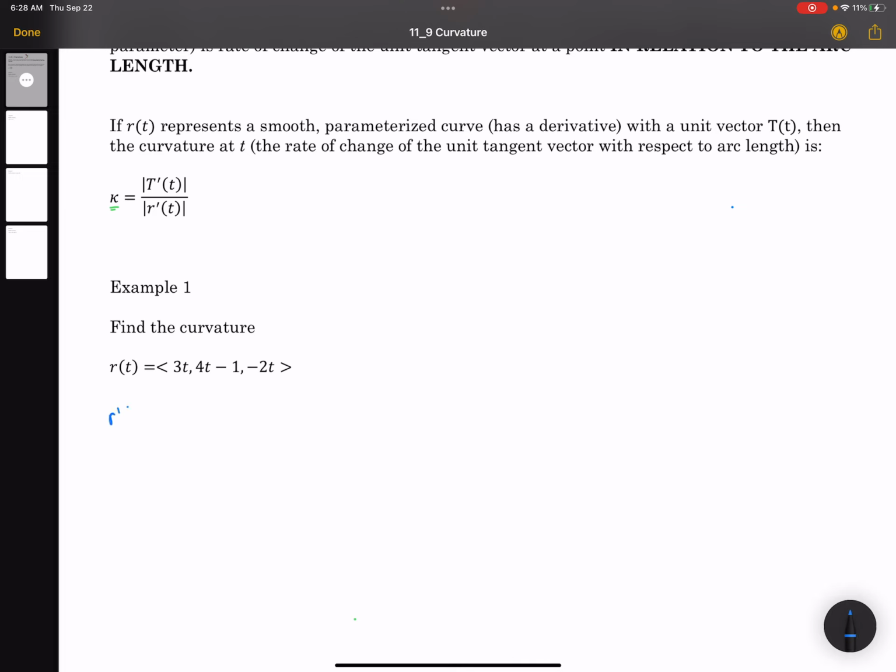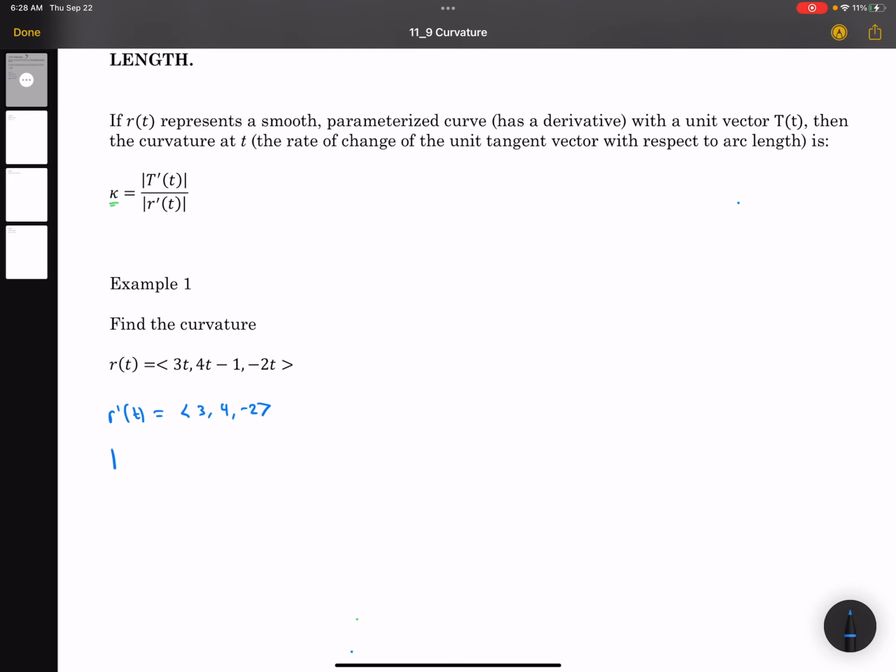So r'(t) is equal to <3, 4, -2>, and to get our unit tangent vector, we need the magnitude of the derivative. So the magnitude of r' is the square root of 3 squared plus 4 squared plus (-2) squared.